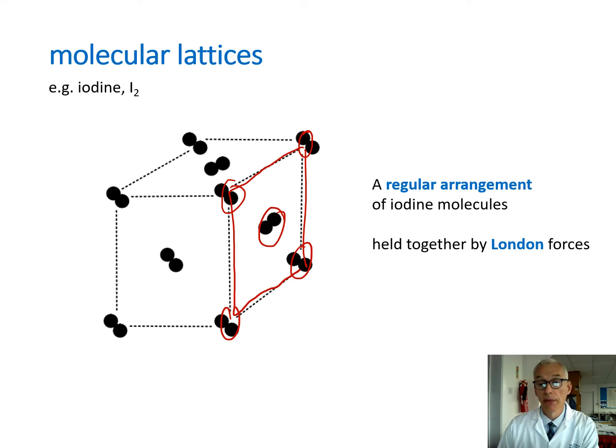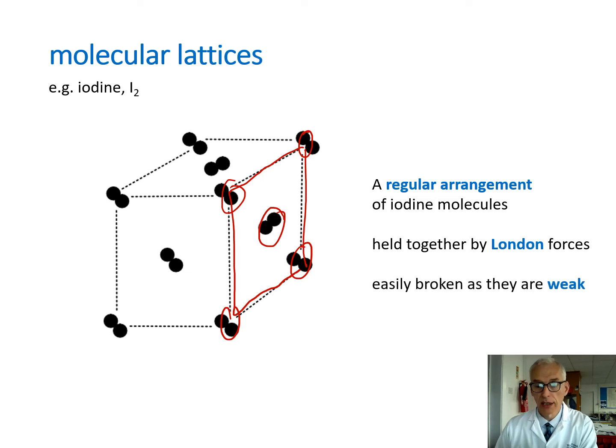However, there are random fluctuations of electrons within the molecule itself, producing instantaneous dipoles and inducing dipoles in neighbours, from which we get weak forces of attraction called London forces. As they are weak, they are easily broken or overcome, and therefore iodine, if you place that into an evaporating dish and heat it under a very low heat from a Bunsen burner, will form the purple vapor that you saw.